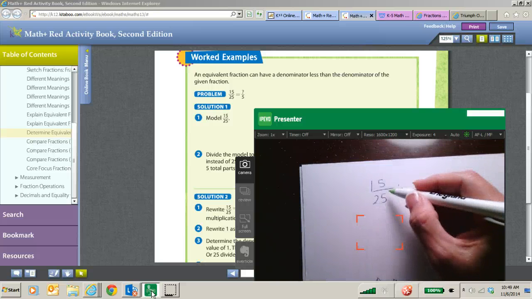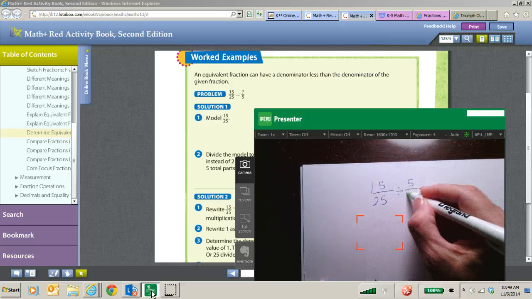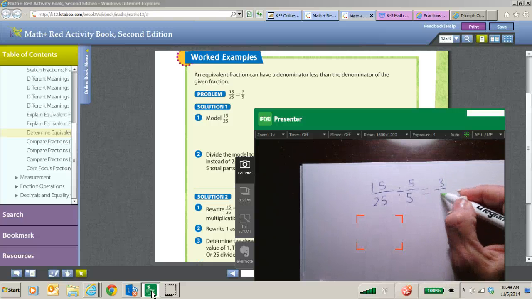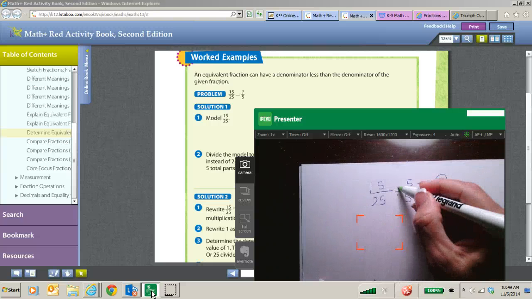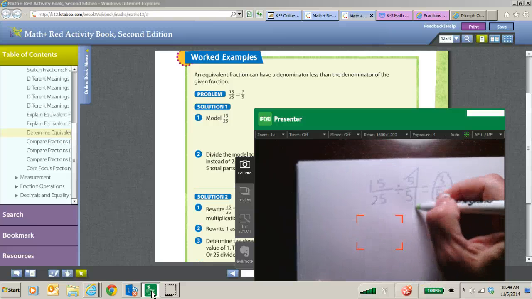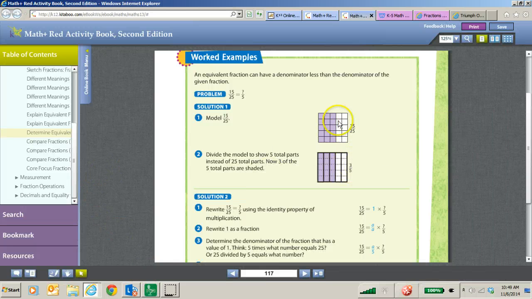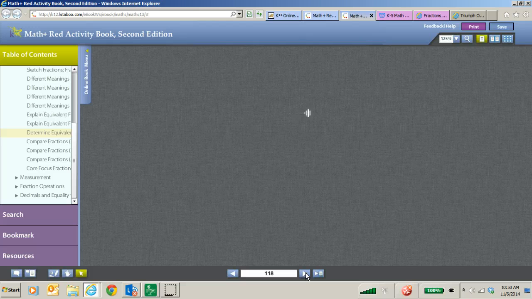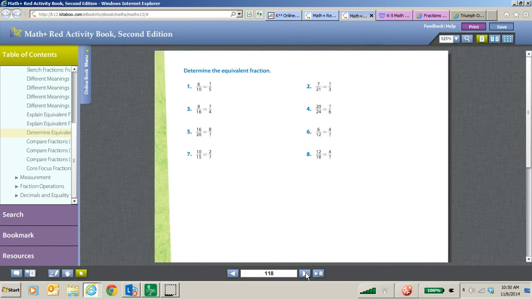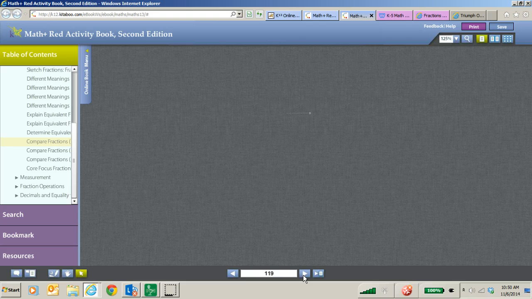So I'm going to divide the top by 5 and the bottom by 5, and I will get 3/5. So whether you multiply or divide by 1, you're still going to end up with an equivalent fraction. Hopefully that will help when your child sees larger numbers, that 15/25 really is the same as 3/5. There's going to be additional practice on that with larger numbers, and then we're going to get into comparing fractions.